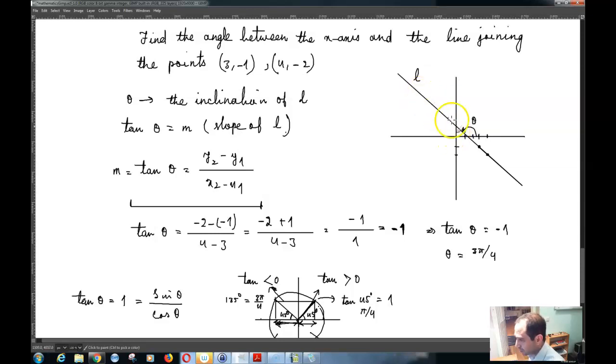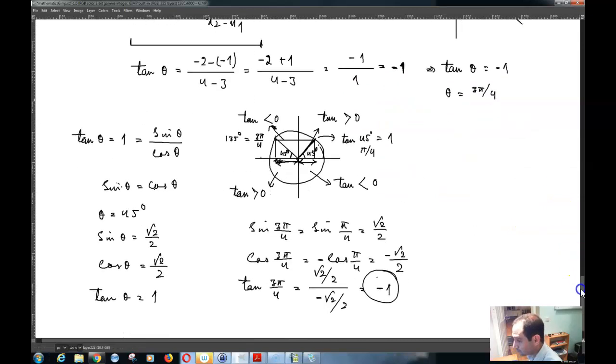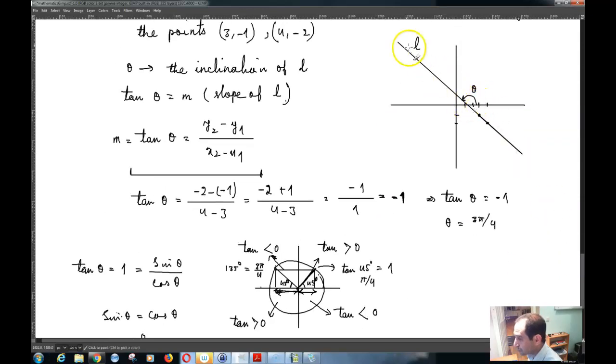And there is something interesting that you can see here as well. This line exactly corresponds to 3 pi by 4 as far as the slope is concerned.